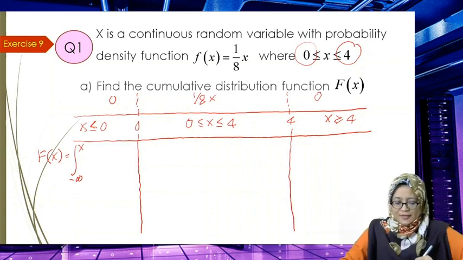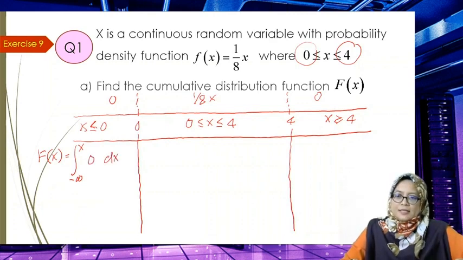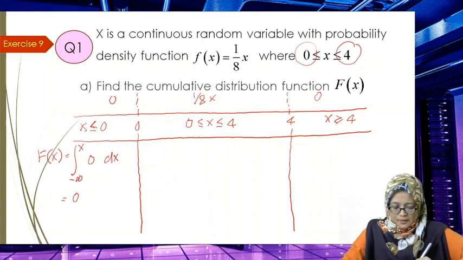Okay, so ini function dia. Tadi untuk first interval, function dia 0. So kita akan integrate 0 dx. So dapat 0. Okay, so that means that kita punya F(x) ni 0. Okay, so kita itu untuk F(x).